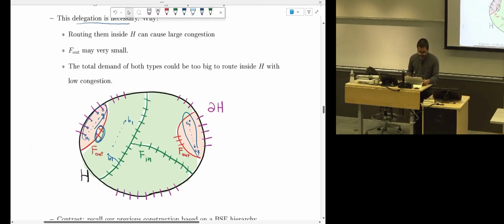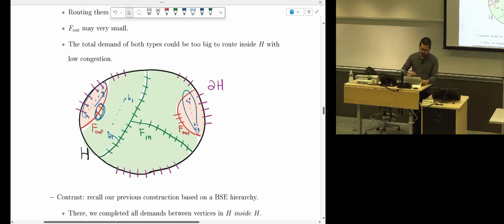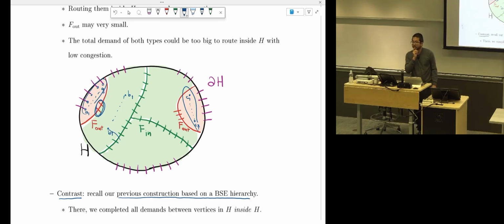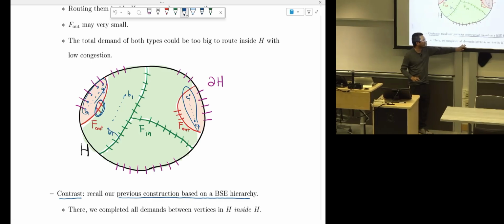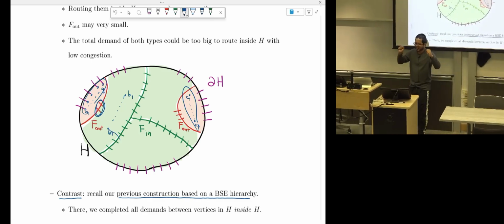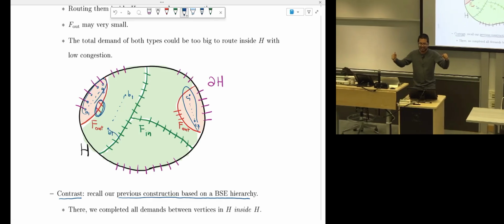I want to contrast this a bit with our previous construction based on BSE hierarchy. There, we complete all the demand pairs inside H. Like every pair inside H, we route it and finish it inside H. Because there's no such bottleneck, there's no red bottleneck like here.